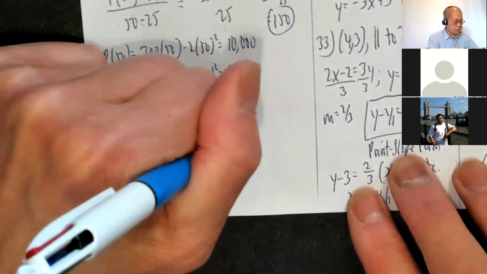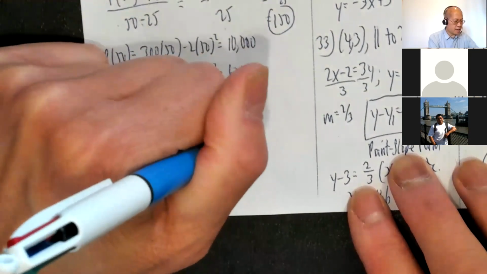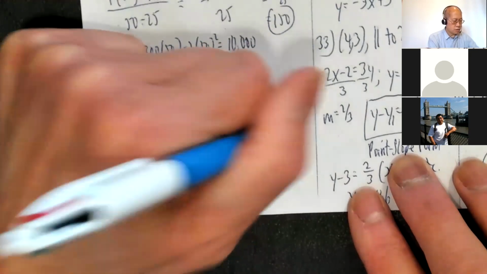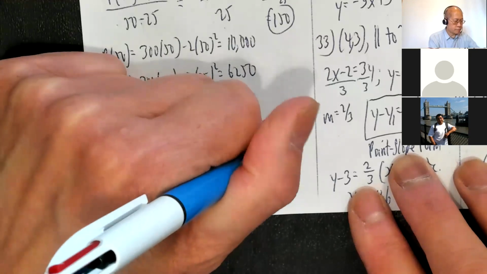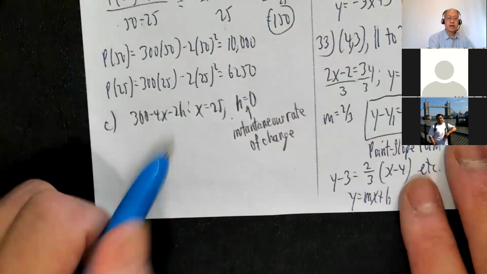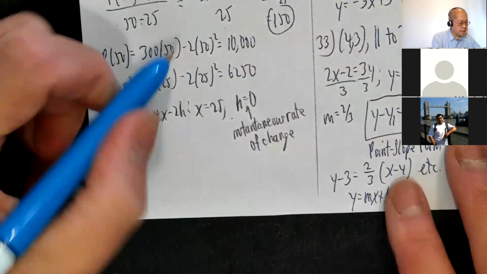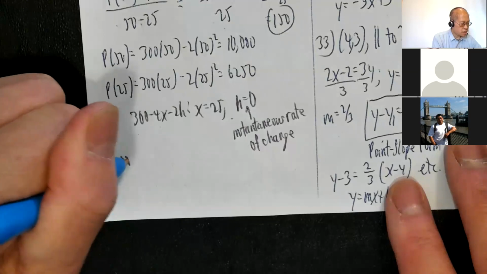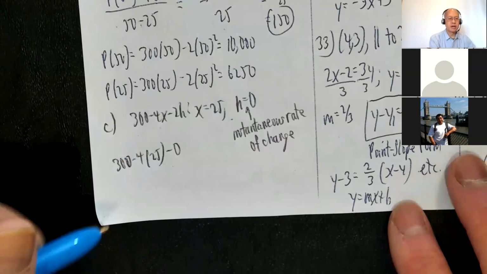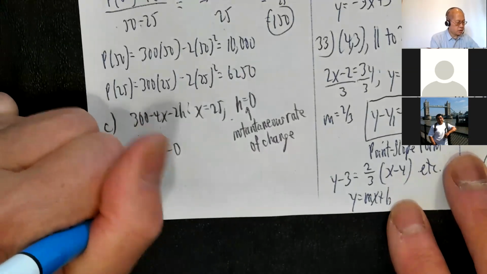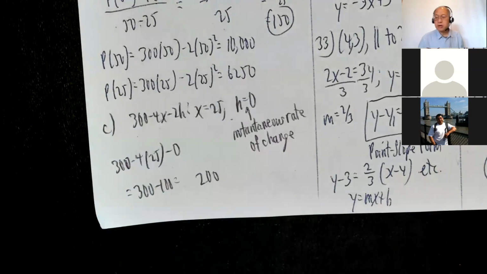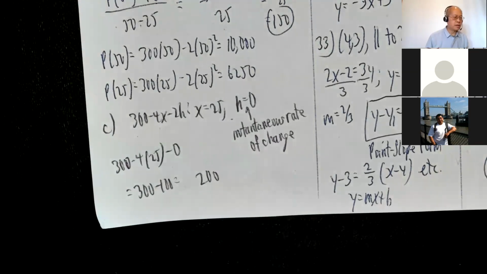So h is 0 for instantaneous rate of change. At this stage of the game, you plug in 0 for h. So 0 goes there, 25 goes there. 300 minus 4 times 25 minus nothing, which is 300 minus 100, or 200. So the answer is 200 there.